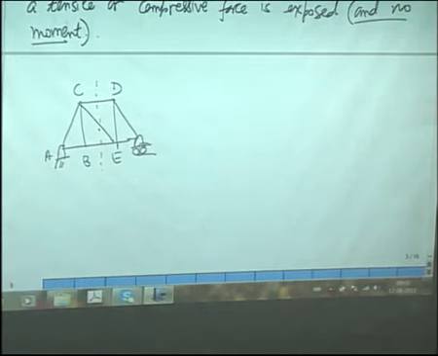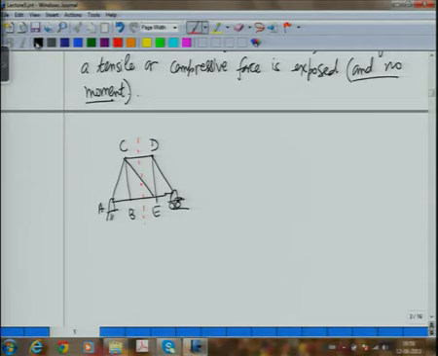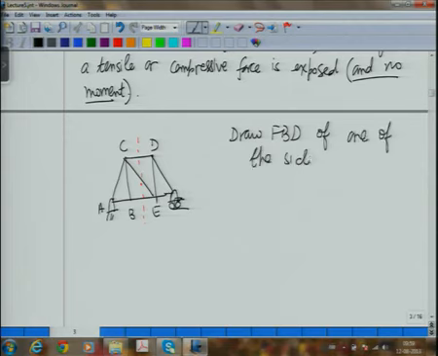So, that is what I will do. I will draw the free body diagram of one of the sides. So, let us say I draw the free body diagram of this, this is the cut part.